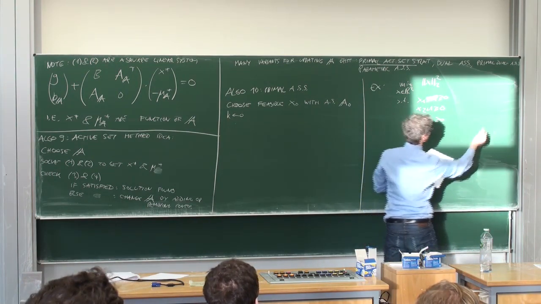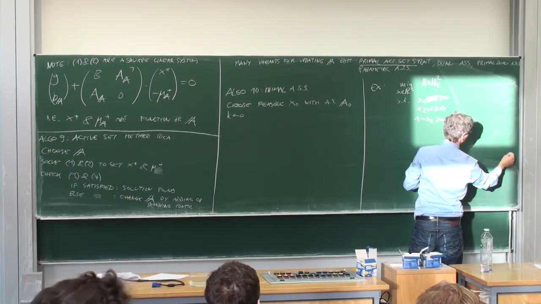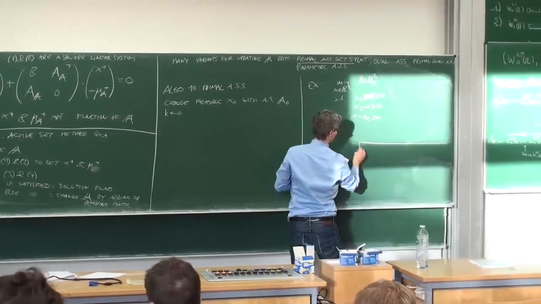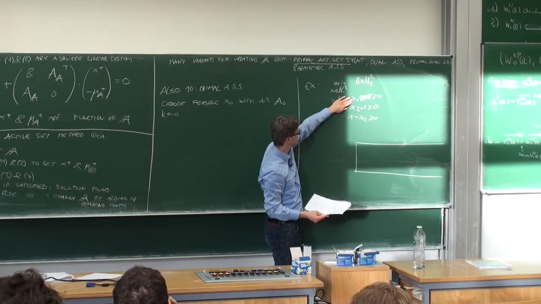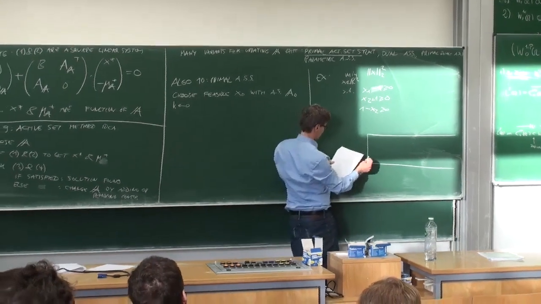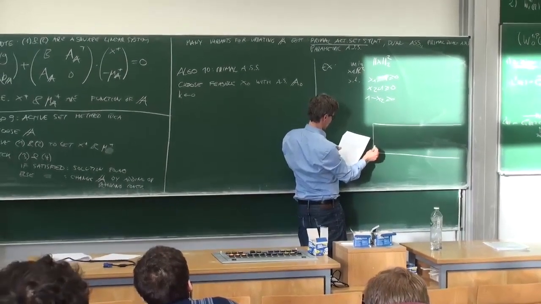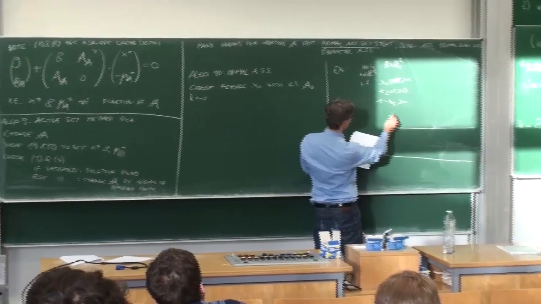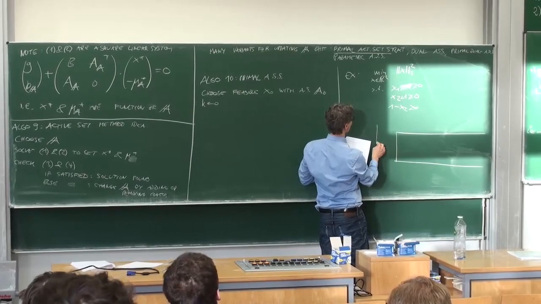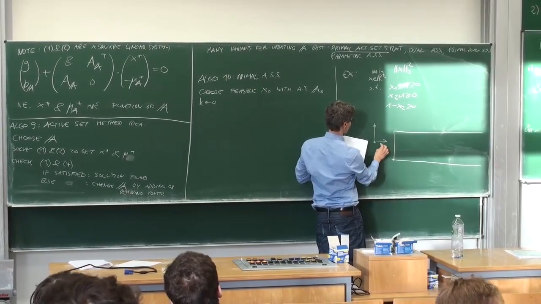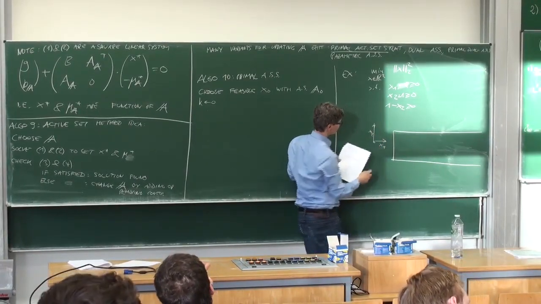And how does this example look like? It looks like this. I have a feasible set. Here's x1 and here's x2.